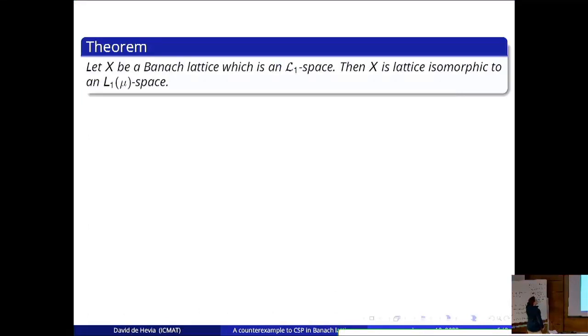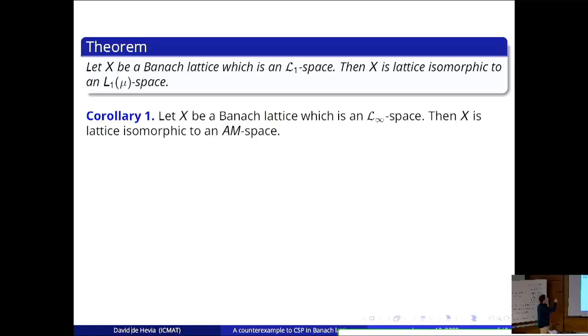This is the previous theorem. Now I'm going to say some consequences of this theorem. The first consequence is that if X is a Banach lattice which is a script L infinity space, then it is lattice isomorphic to an abstract M space.